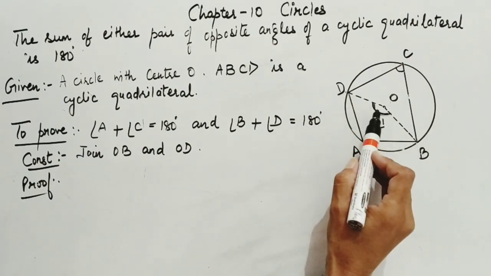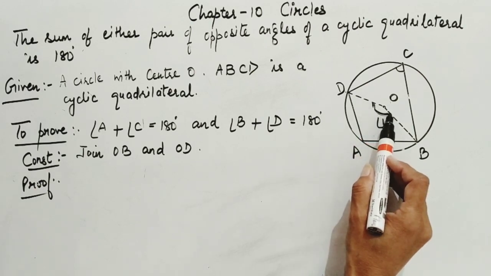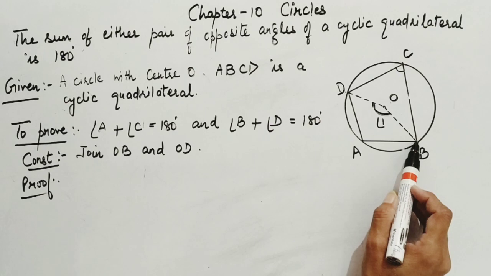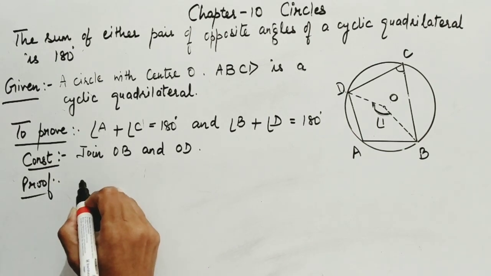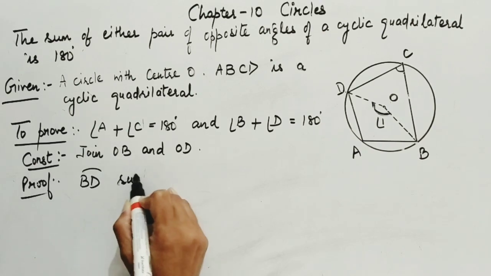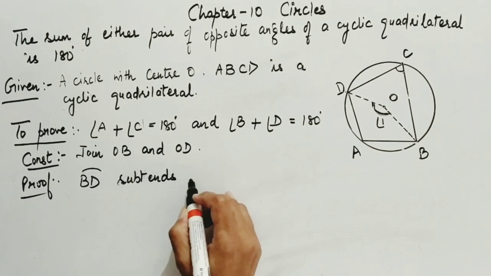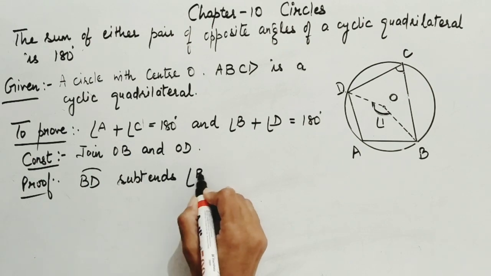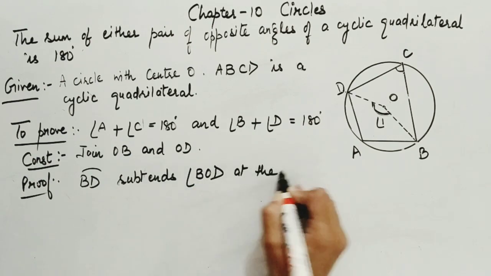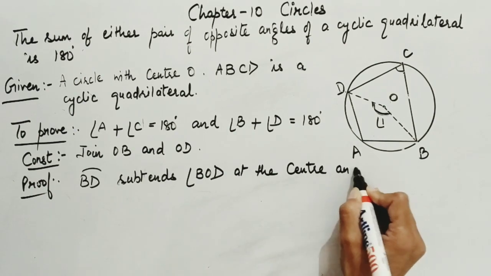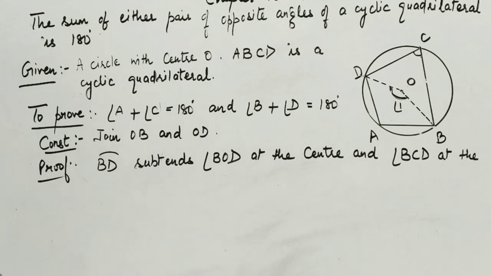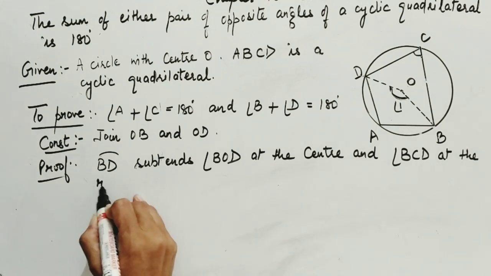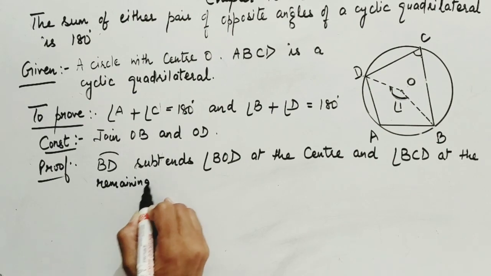Because arc BD subtends angle BOD at the center, and angle BCD on the remaining part of the circle.